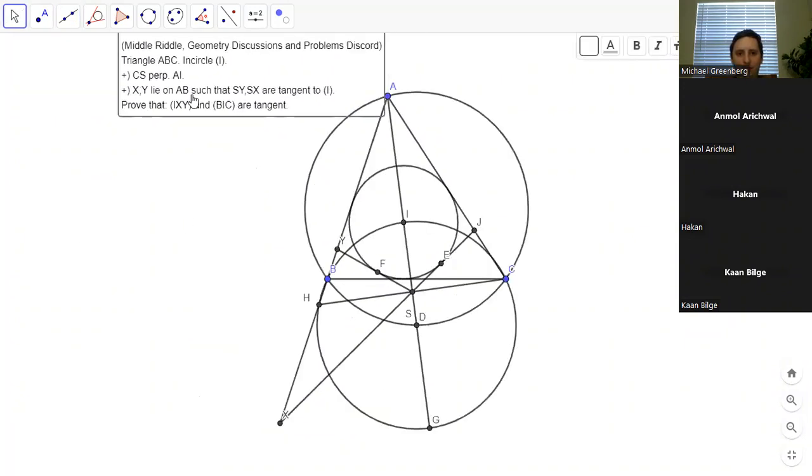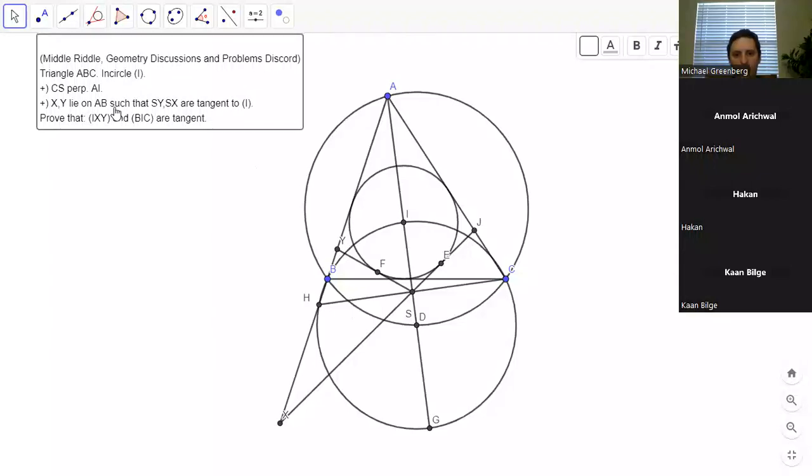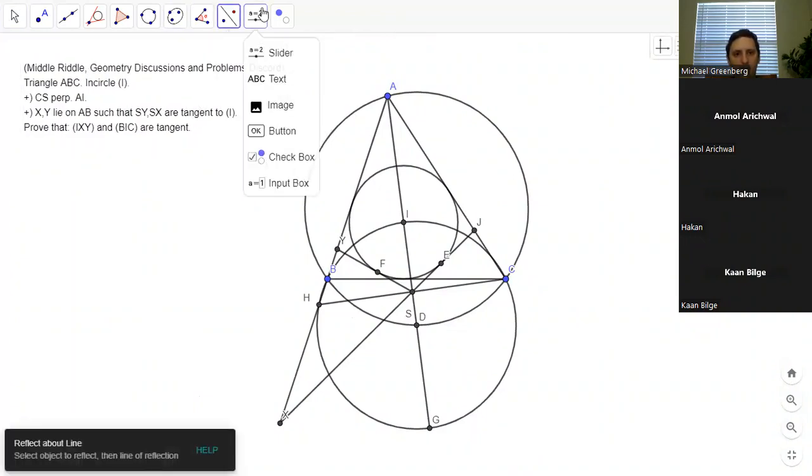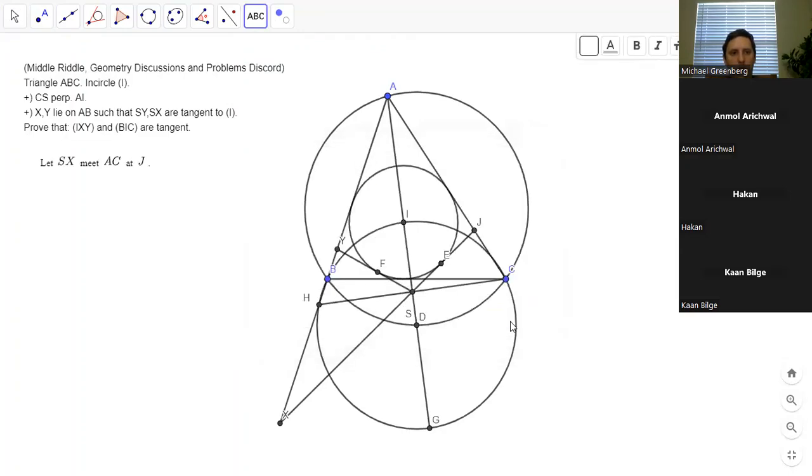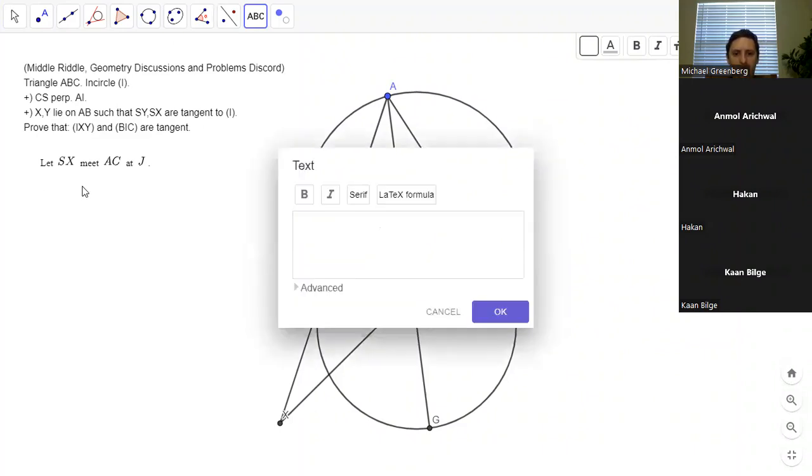Okay. So basically, yeah, that solves it. So let SX meet AC at point J. I don't even think we need harmonics. I think it's just really easy. Then I is the incenter of AXJ.